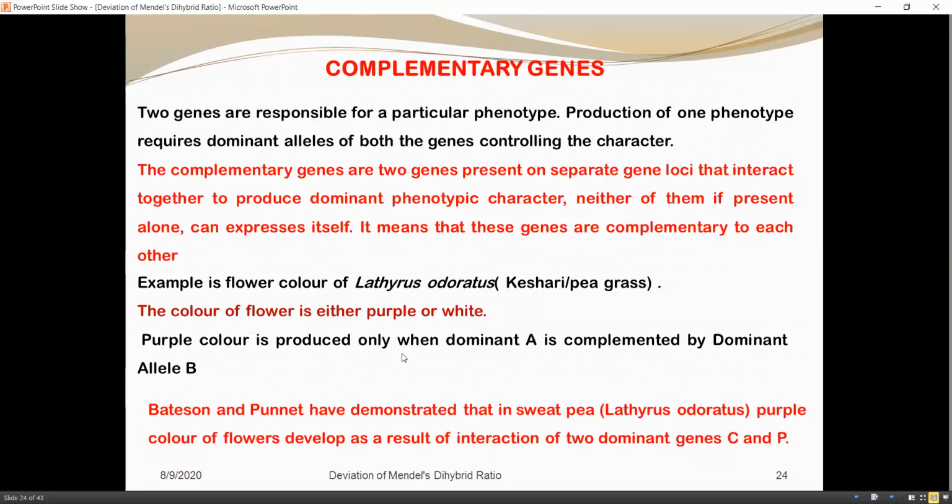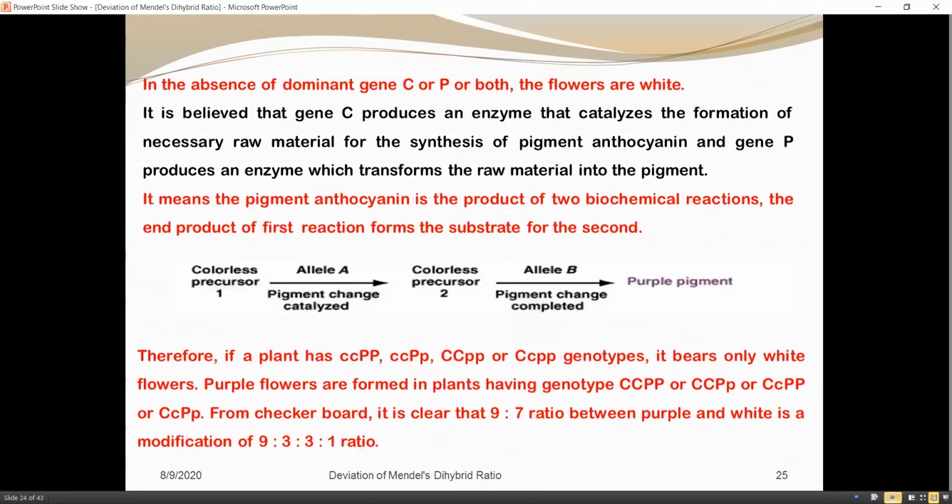Purple color is produced only when dominant A is complemented by dominant allele B. Bateson and Punnett have demonstrated that in sweet pea, Lathyrus odoratus, purple color of flower develops as a result of interaction of two dominant genes, capital C and capital P. We can use either capital A or B, or we can use capital C and P. Now, in the absence of dominant gene C or P or both, the flower color will be white.